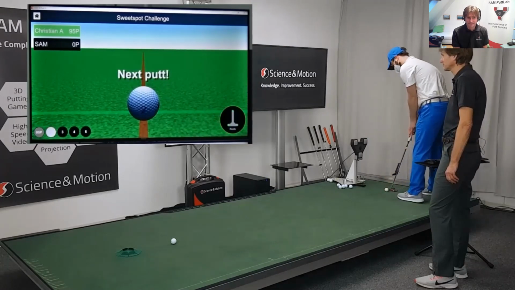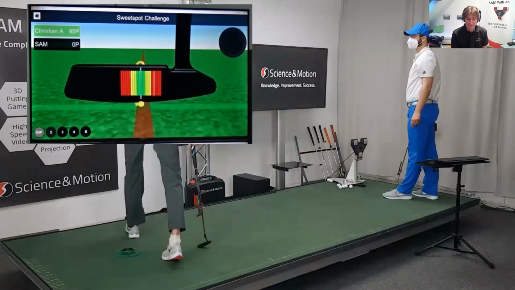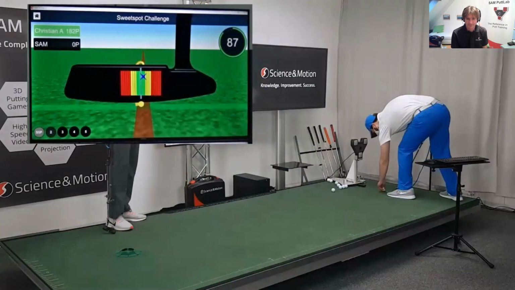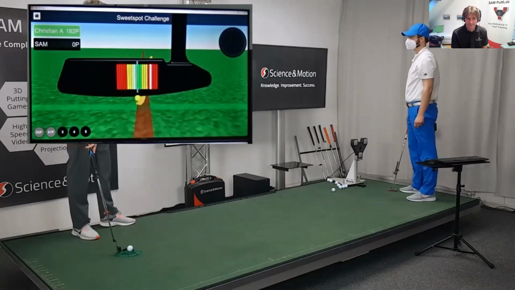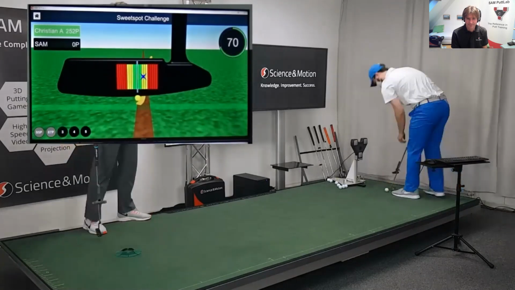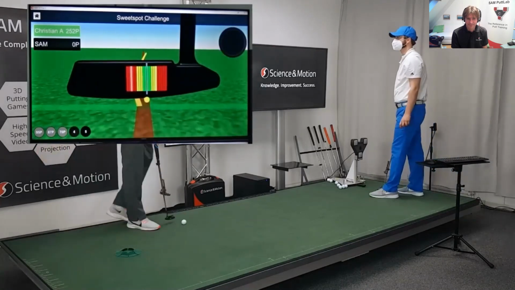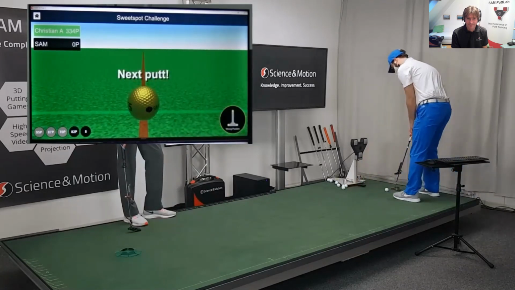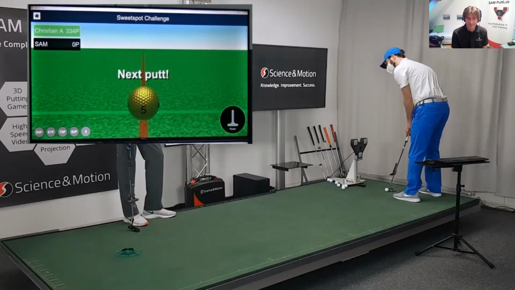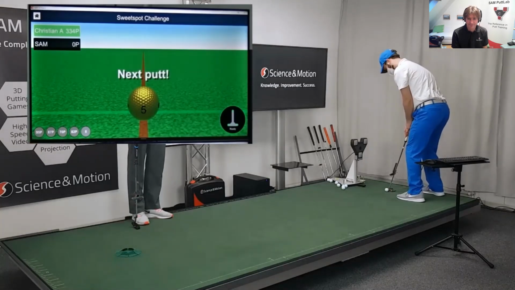Second putt. And this putt counts double, so there's pressure now on him.